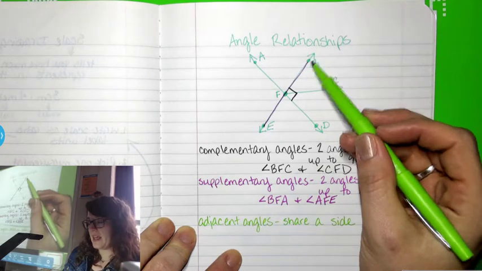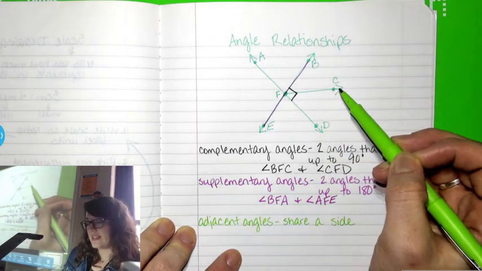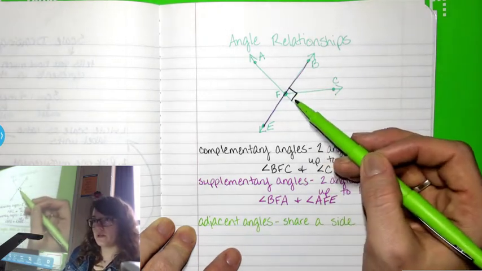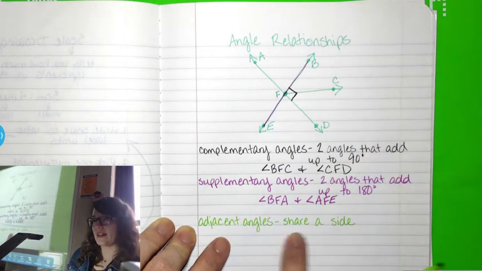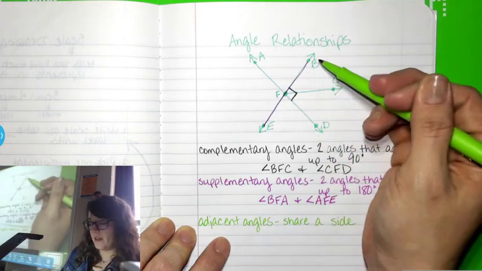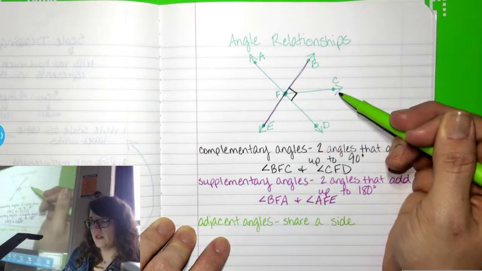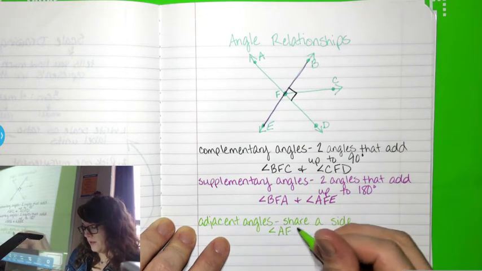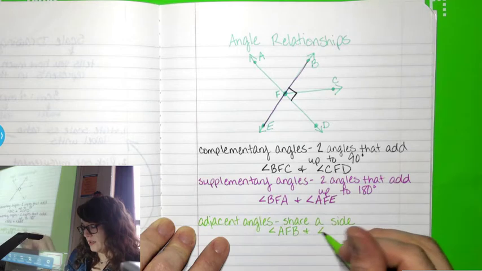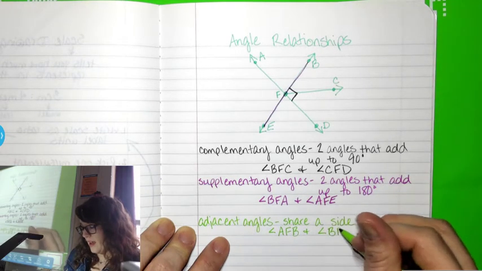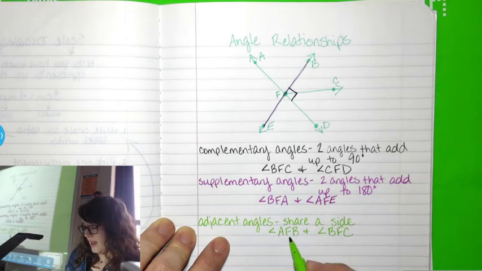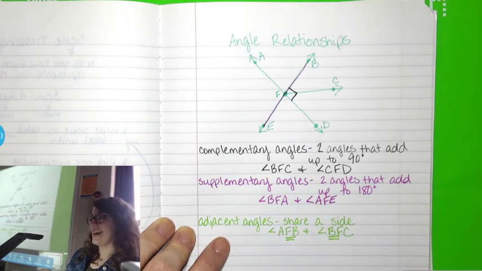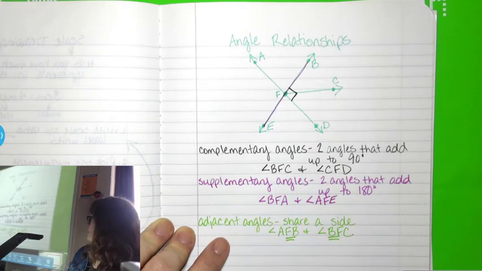So when I say BFC and CFD, I repeat those same letters because they share that side. AFB and BFC, they share a side.